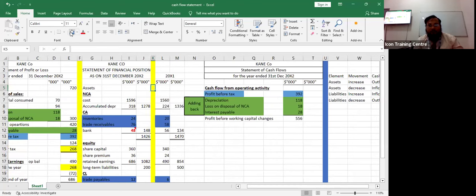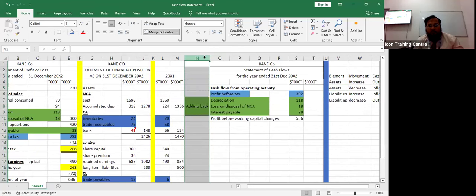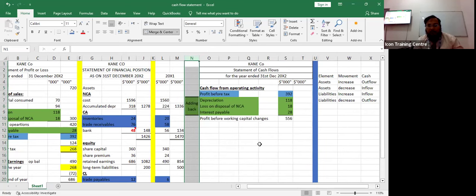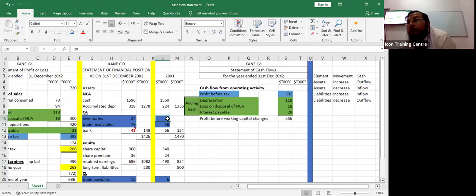Now come back. What we have discussed so far is a very interesting point. Now, before that, how much inventory? 20. Now it is 24, so it is increasing.